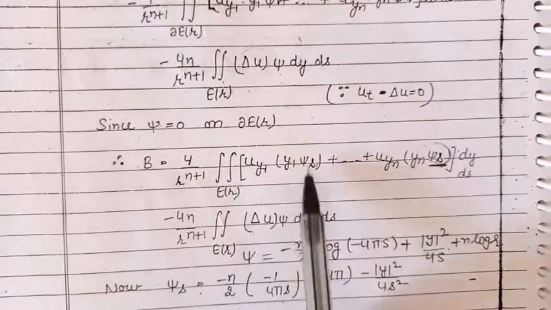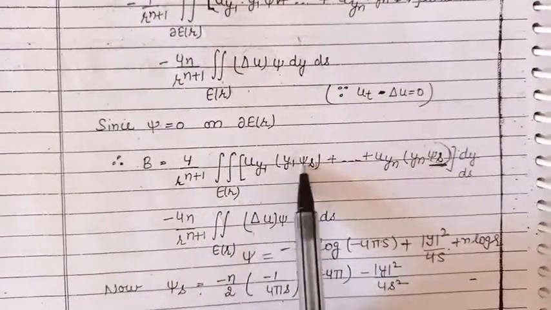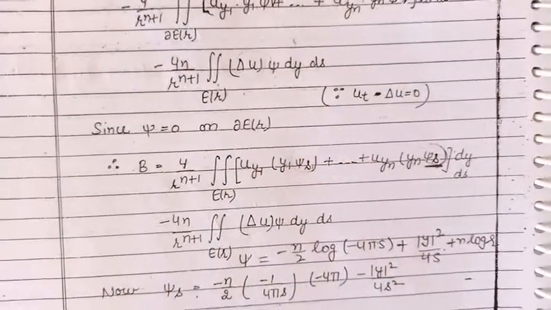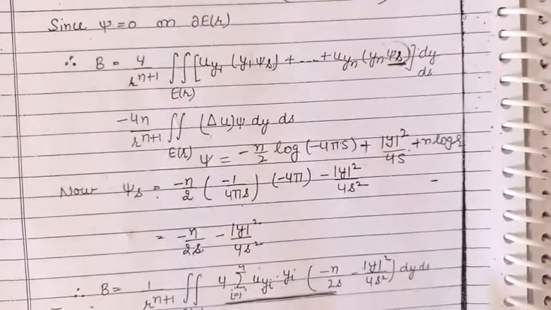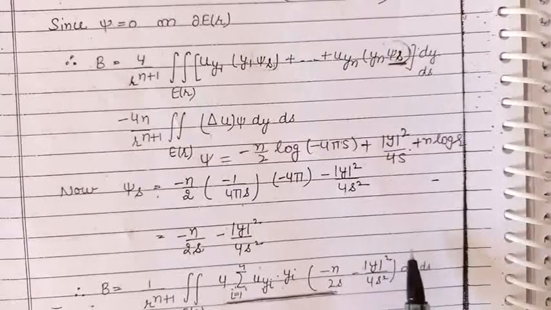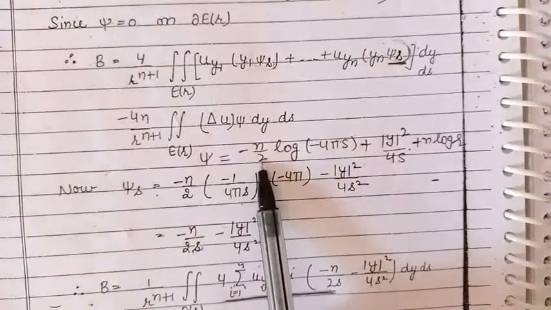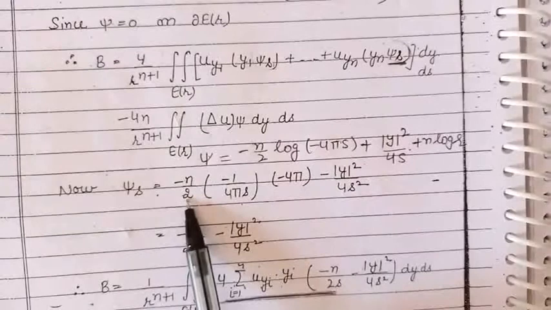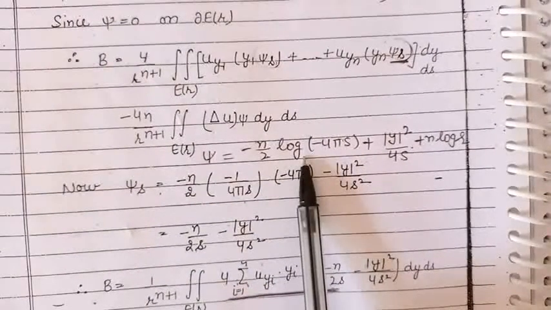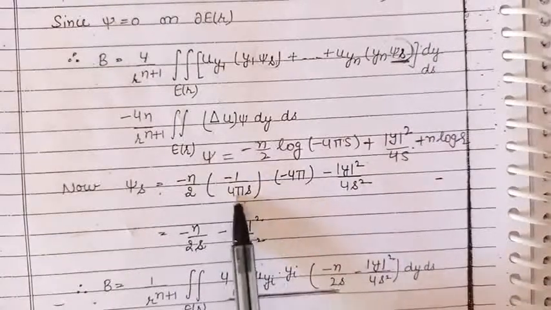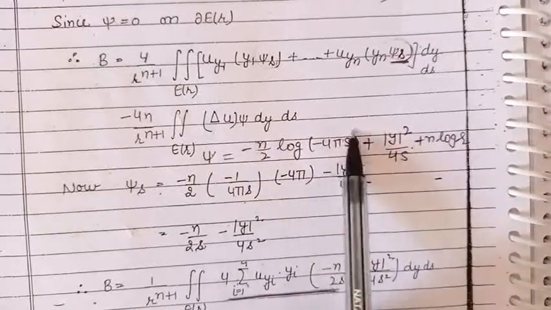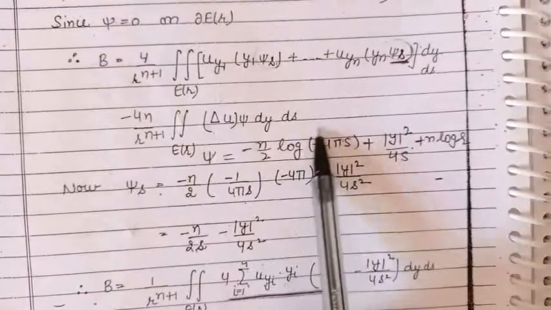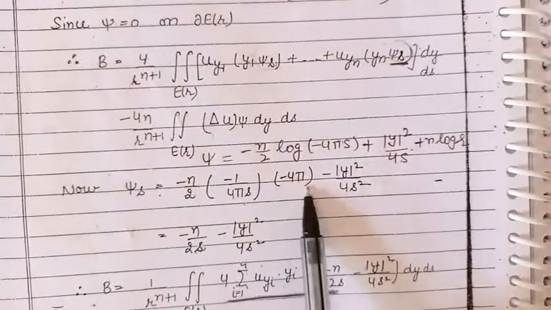Now let us find this term ∂ψ/∂s. So differentiating the function psi partially with respect to s. Here minus n by 2 is constant. The derivative of this term due to log will be minus 1 upon 4 pi s, and the derivative of this term with respect to s will be minus 4 pi.